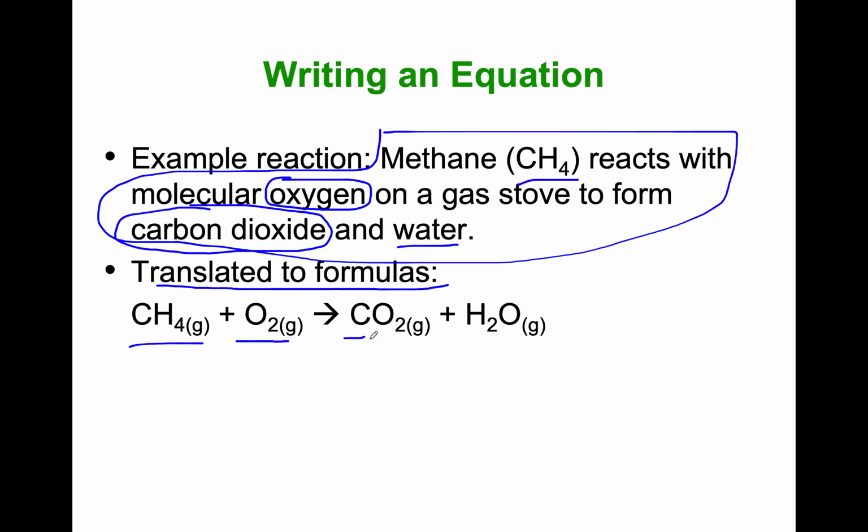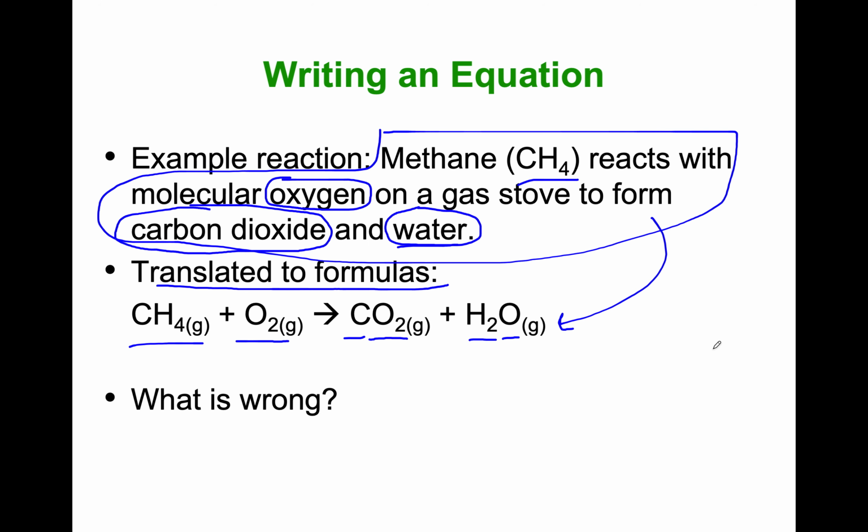That's one carbon, two oxygens. Water is just the given name that you can memorize, or the systematic dihydrogen monoxide. Okay, we've got states. They're all in the gas state. So that's pretty good, right? Look at this. Lots of words, and then get down to the formulas, symbols, pretty quickly.